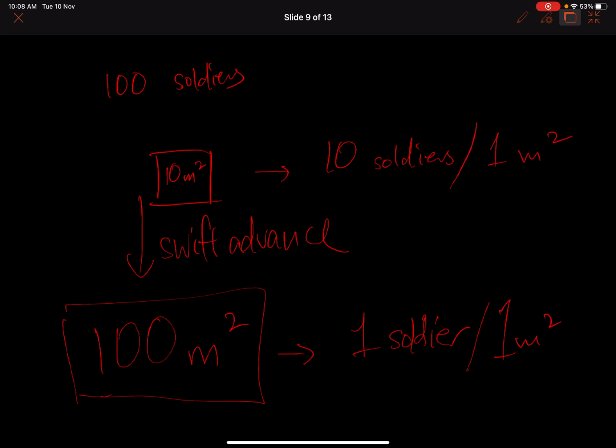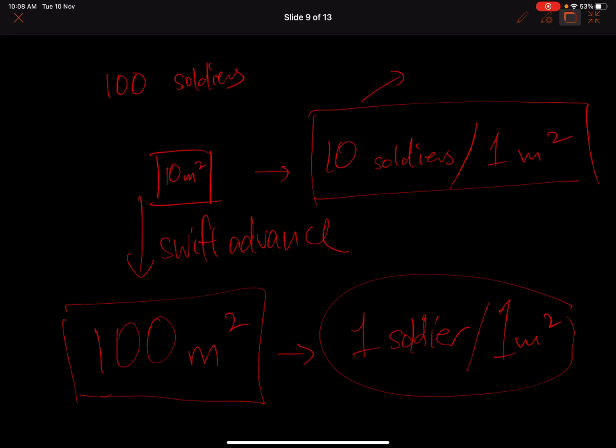What this means is that you have far less soldiers to defend. You have the same amount of soldiers, but you have more territory. What this means is that you have less soldiers per unit area, which means your defense becomes more porous. Why? Because 10 soldiers per meter area is a denser kind of defense. It's harder to break through.